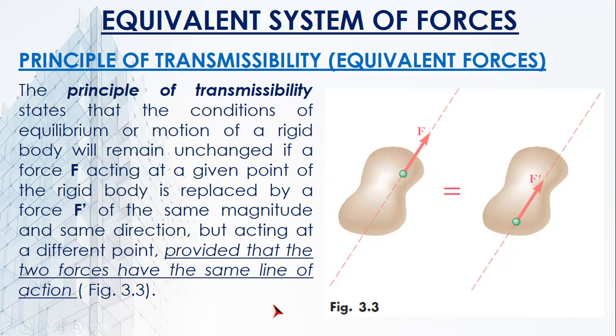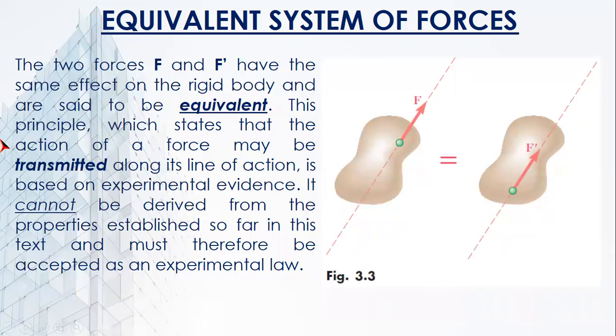So, this is the principle of transmissibility. The two forces F and F prime have the same effect on the rigid body and are said to be equivalent. This principle, which states that the action of a force may be transmitted along its line of action, is based on experimental evidence.